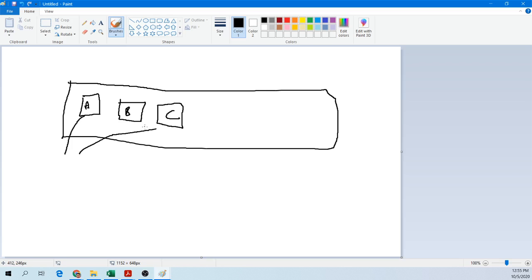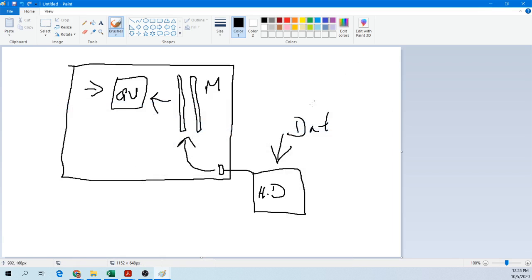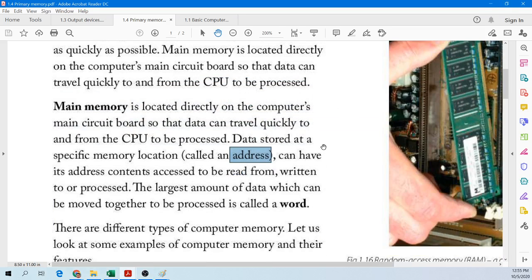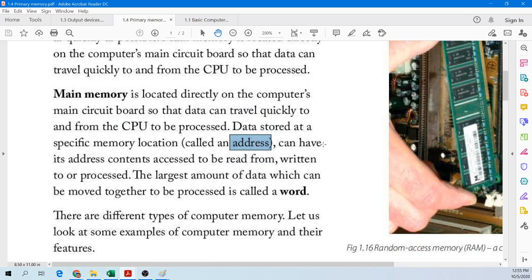I stored this information at C, so that is the information I want. So that is the address. Basically, like how we have a lot address to know where we live, it's similar to the address on your memory, so that the CPU knows where to store the information and where to retrieve it back.